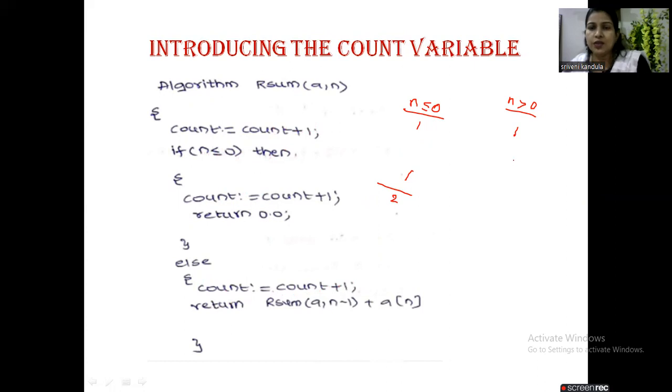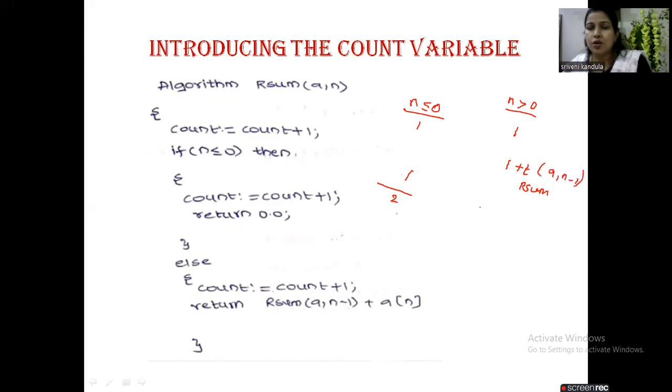So for the return, let us write it as 1. But here, I have the recursive calling of the rsum method again. I don't know how many step counts will be taken by this rsum(a, n-1), so I will write this part as T rsum(a, n-1).